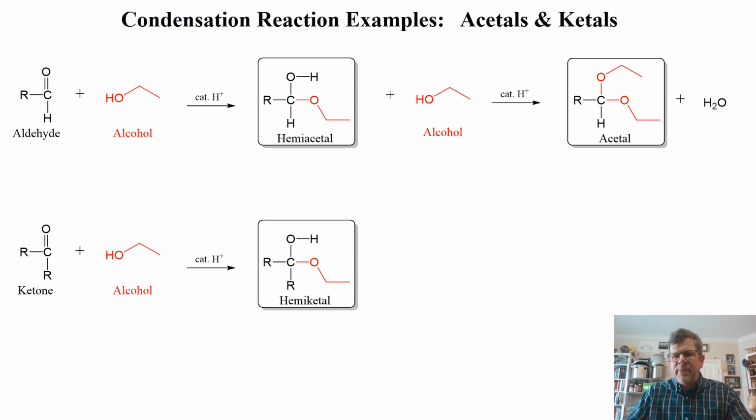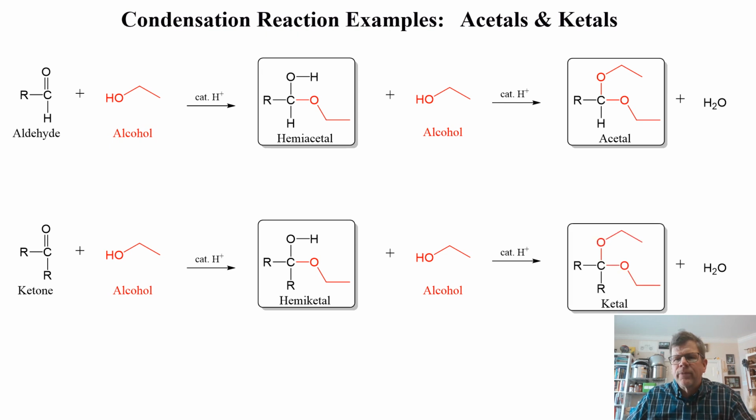If I take my hemi-ketal, meaning halfway done, and condense it again with another molecule of the alcohol, under catalytic acidic conditions, I'm going to get a full ketal. Full ketal. Ketal derived from a ketone. Acetal derived from an aldehyde.